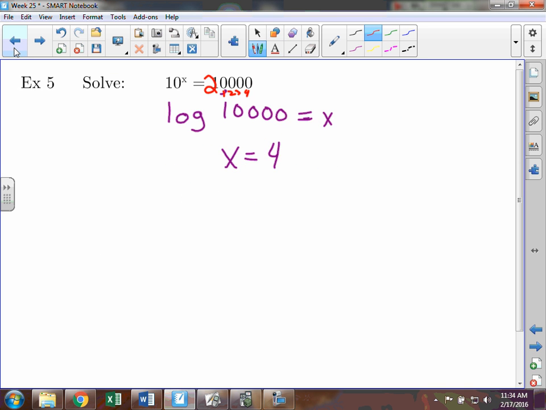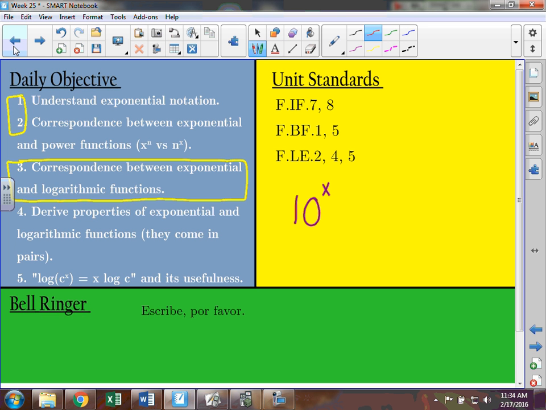Thus, we'll conclude this particular video, noting that we addressed only one of the 5 objectives for this lesson. What is the correspondence between exponential and logarithmic functions? There are 2 of them. They are 2 different ways to write out our exponent facts.